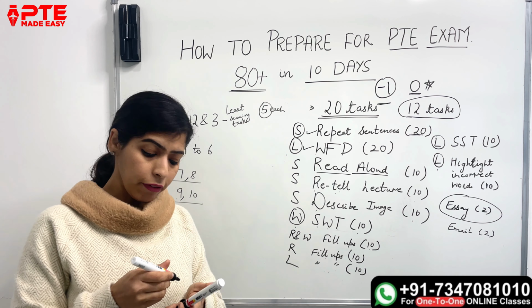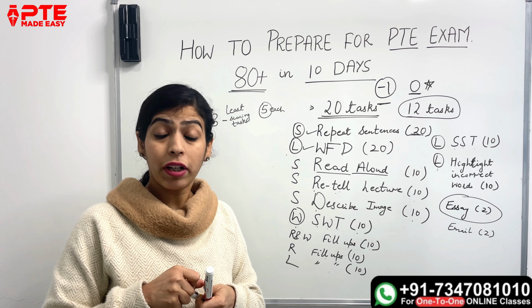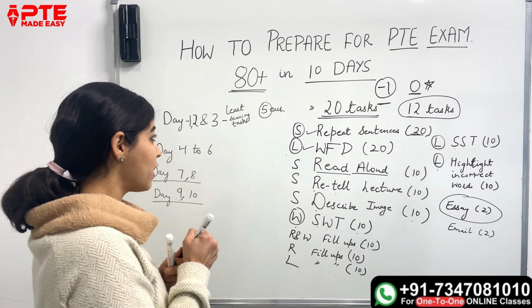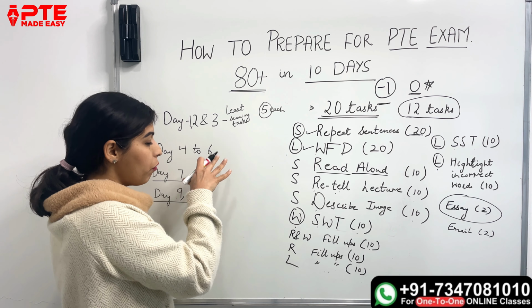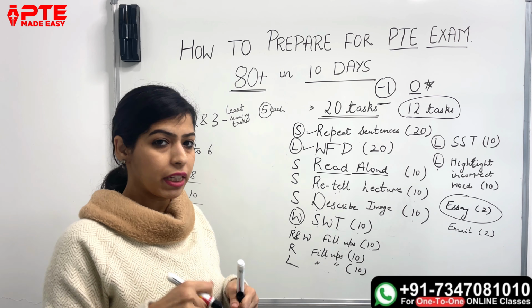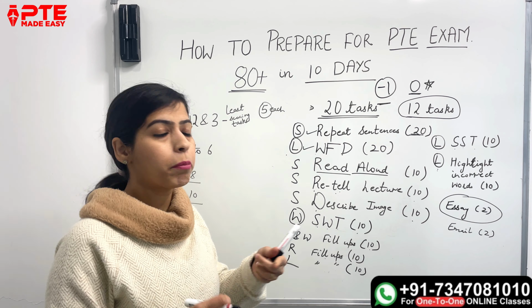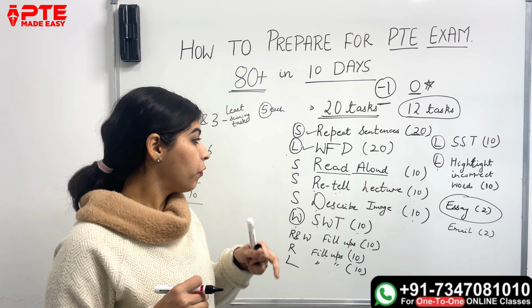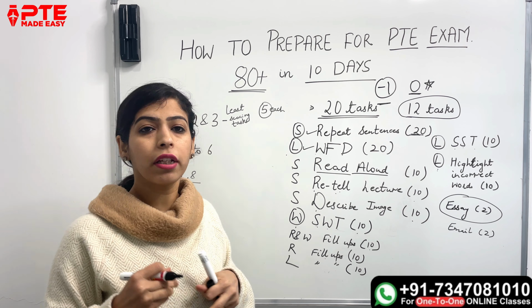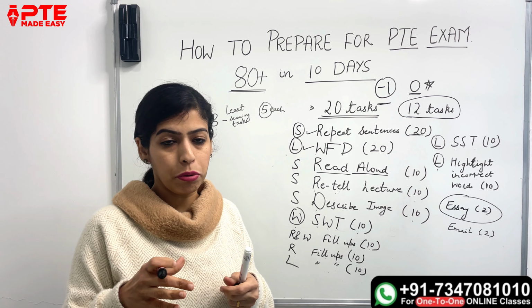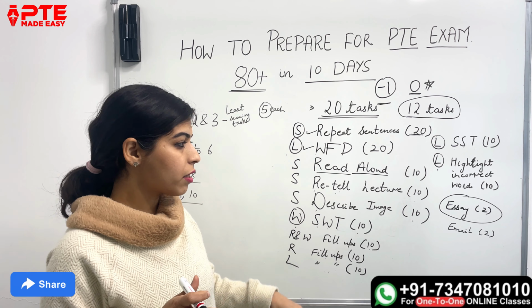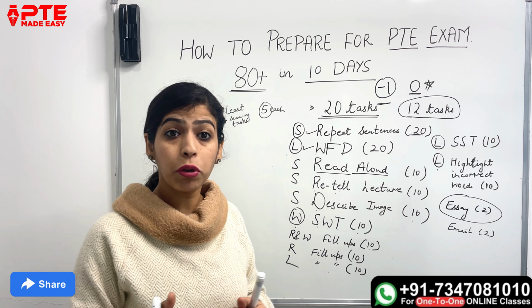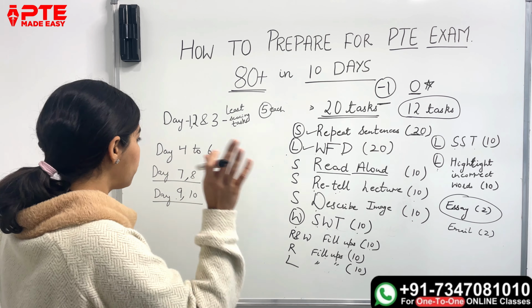Now coming to day 4, day 5 and day 6. Until now we have already understood what our weaknesses are. That we are facing problem in pronunciation, or we are not getting the desired scores in the read aloud part. So in whichsoever task type we are facing problem, we are going to practice that particular task more.